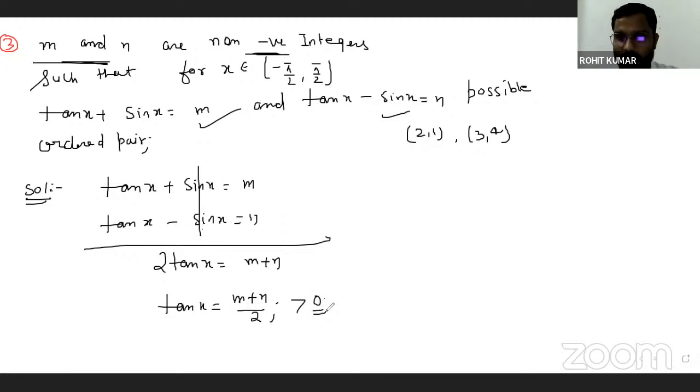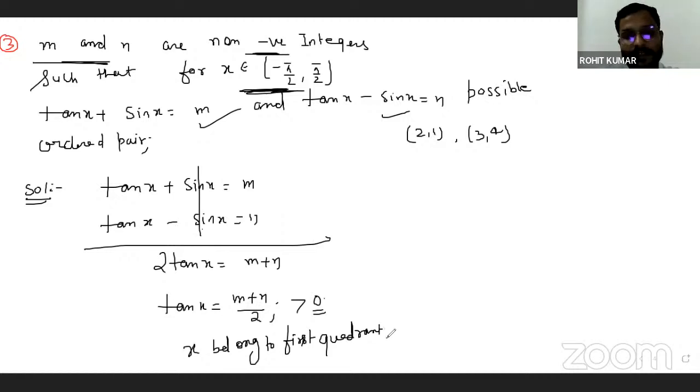If tan x is positive, x belongs to the first quadrant, because x is given from minus pi by 2 to pi by 2. We can't have x from minus pi by 2 to 0, because in the fourth quadrant tan is negative. So x is in the first quadrant, 0 to pi by 2.